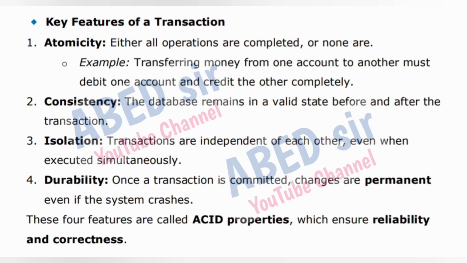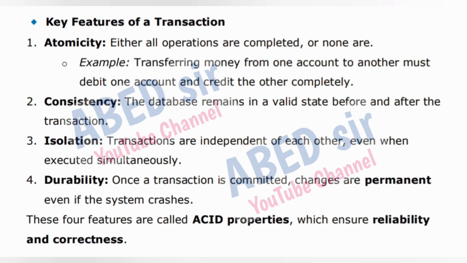1. Atomicity. Either all operations are completed or none are. Example, transferring money from one account to another must debit one account and credit the other completely. 2. Consistency. The database remains in a valid state before and after the transaction. 3.